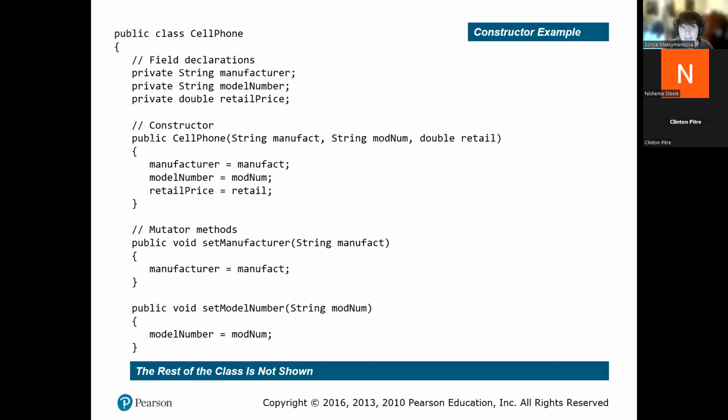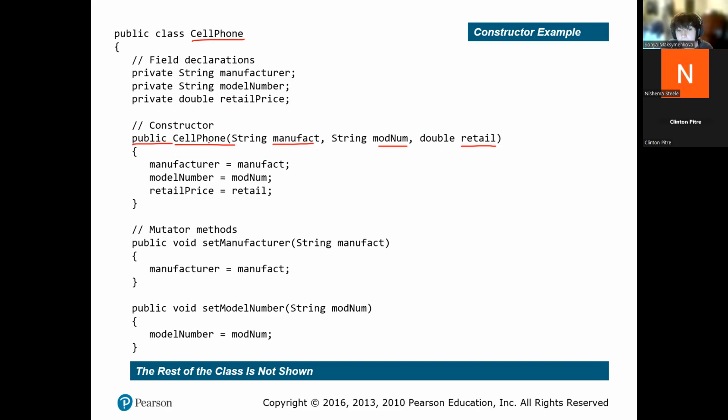Whenever you create a class and you put some variables into it, your constructor automatically exists within your class. But you can also create a constructor by putting public and then the name of your class, and then whatever values you want this constructor to assign, as in this case, manufacturer, model number, and retail.